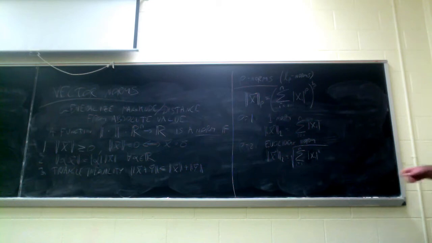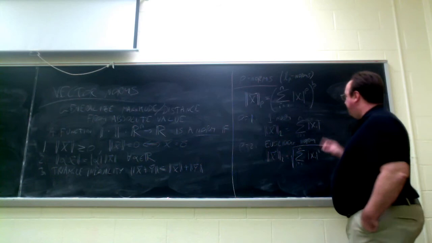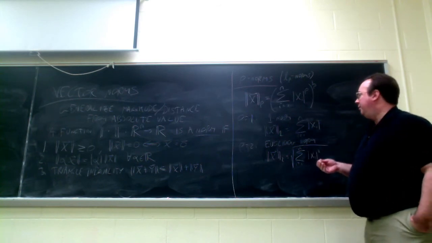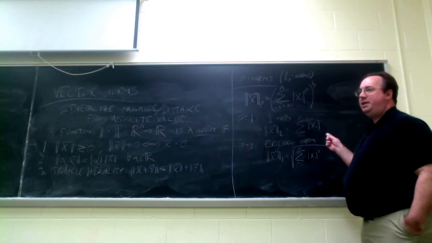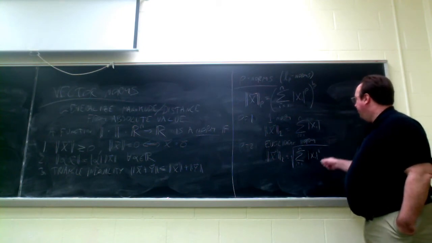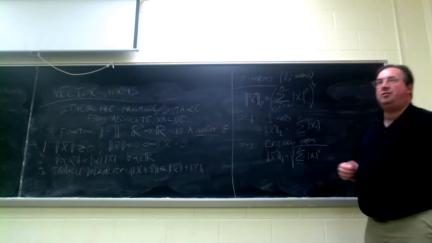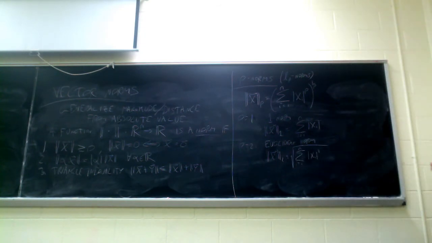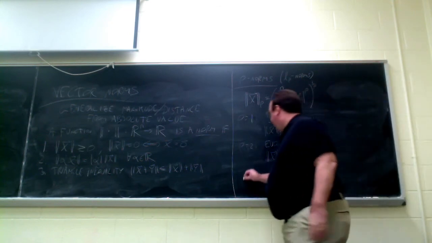And then what we can also do is take the limit of this as p goes to infinity. Because what happens is, the larger the value of p, the more emphasis the largest component of a vector is going to get. So in the limit as p goes to infinity, it becomes totally dominant.